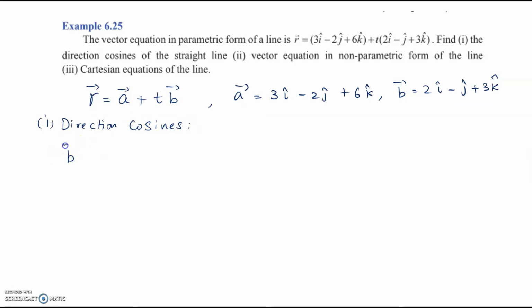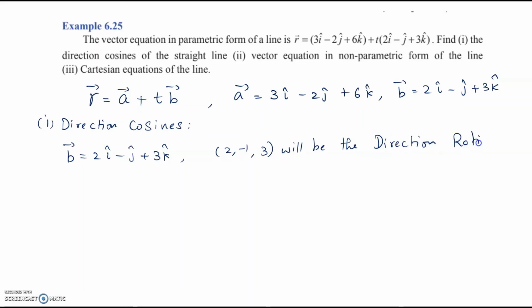Since b is parallel to the line, vector b, which is given by 2i cap minus j cap plus 3k cap, so 2, minus 1, 3 will be the direction ratios of the line.